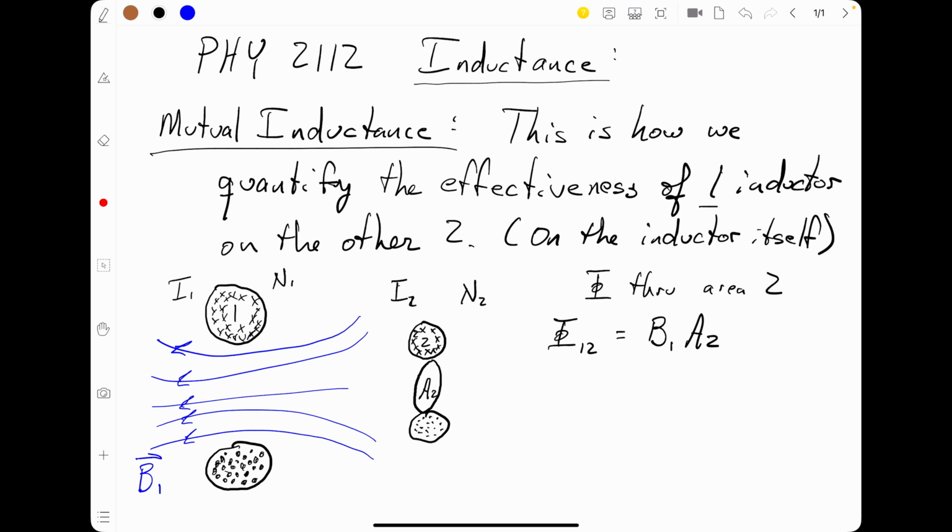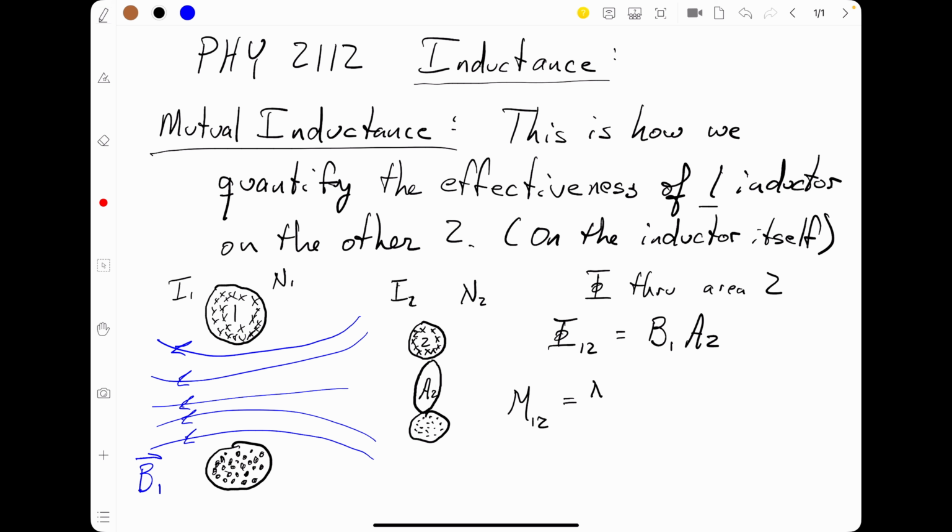So the mutual inductance, we're going to call, I want to know the mutual inductance of 1 onto 2, okay? So I have to have area 2, N times area 2.